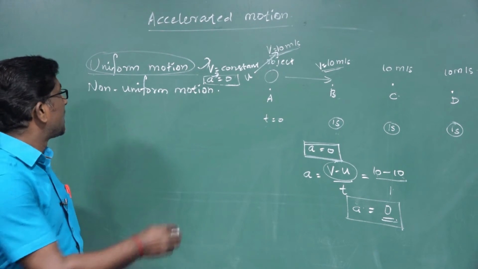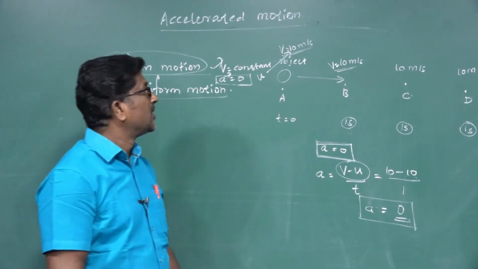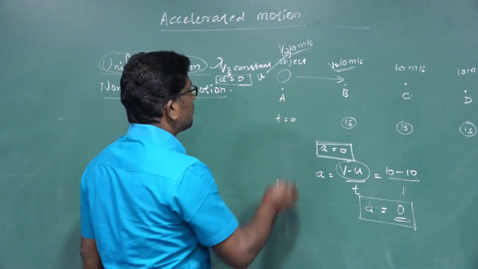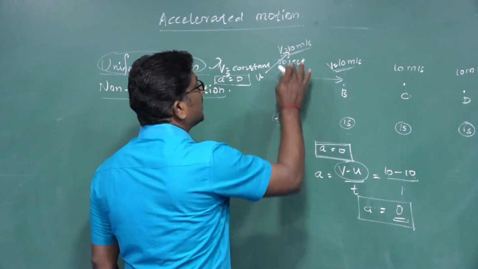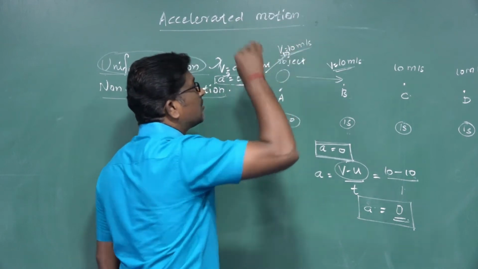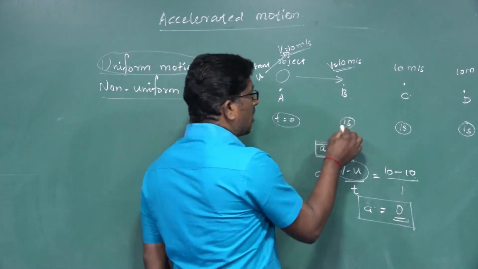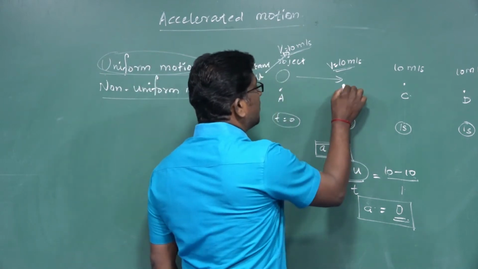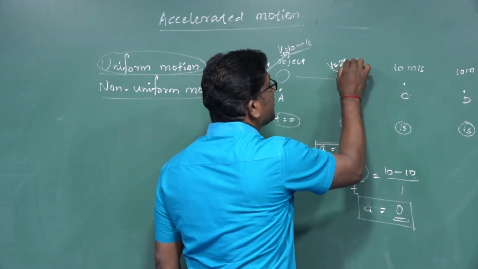And second, non-uniform motion. In the same diagram, suppose at the position A, at time t equal to 0, the velocity of the particle is v1 equal to 10 meter per second. After 1 second, the particle reaches the point B with a velocity of 25 meter per second.